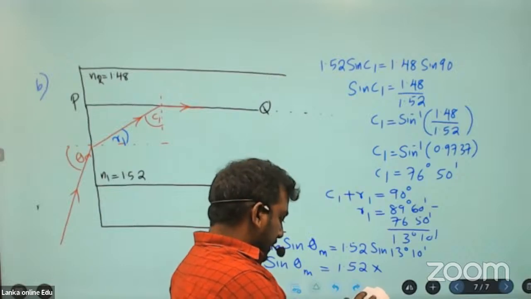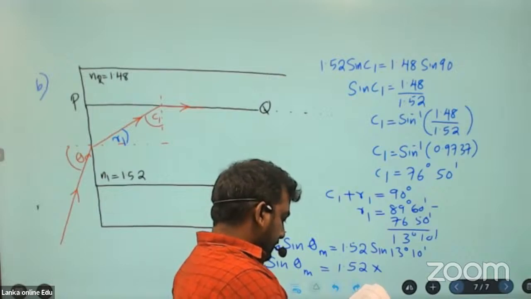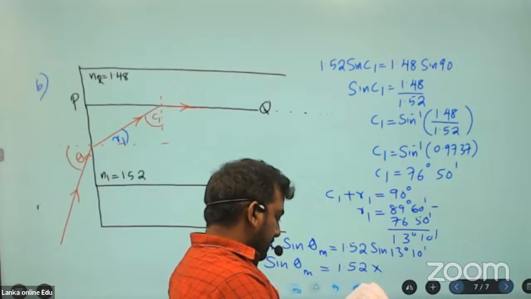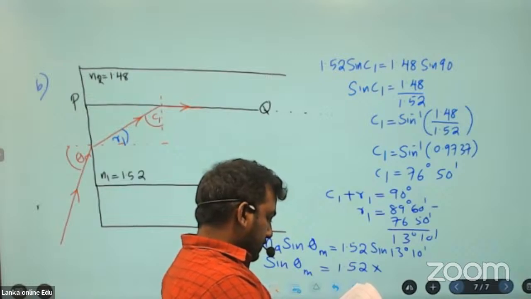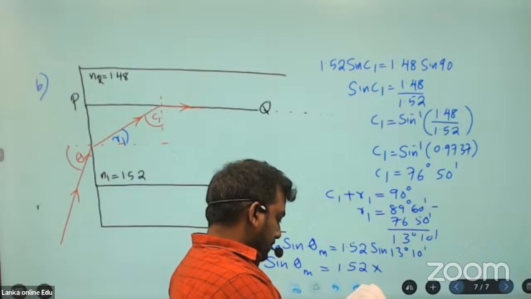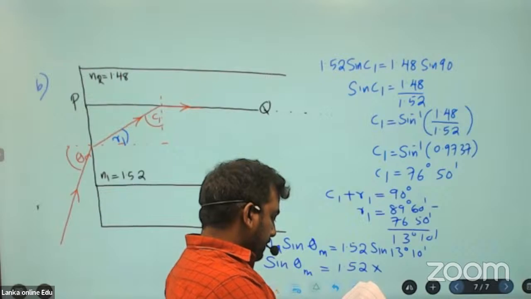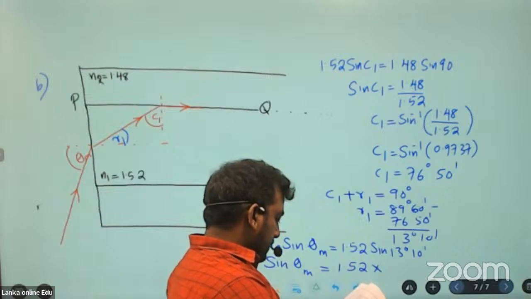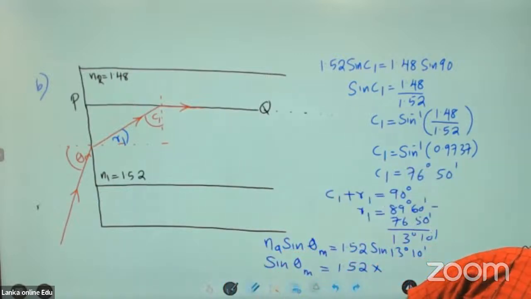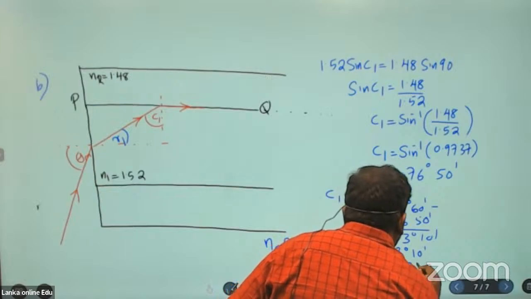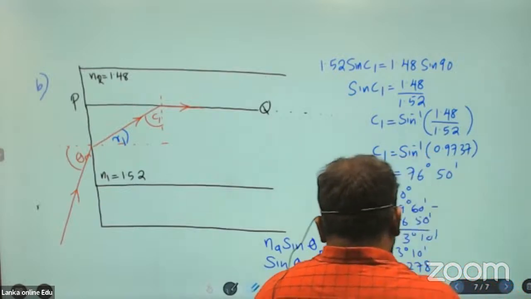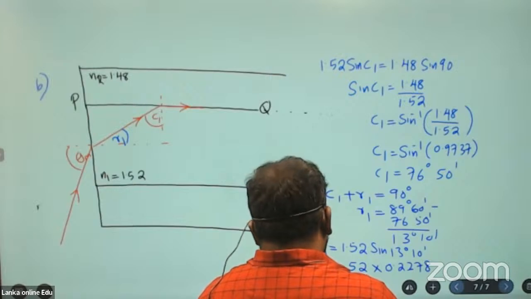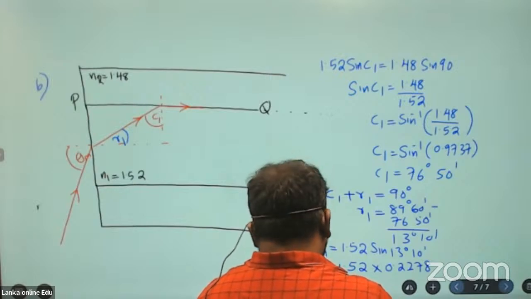Sine 13 degrees 10 minutes is 0.2278. I'm doing it quickly, so check the calculation carefully. 1.52 multiplied by 0.2278.